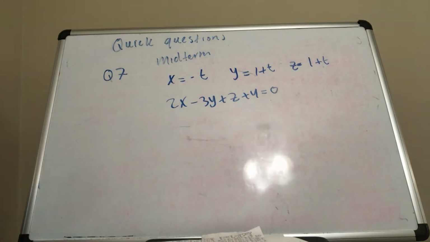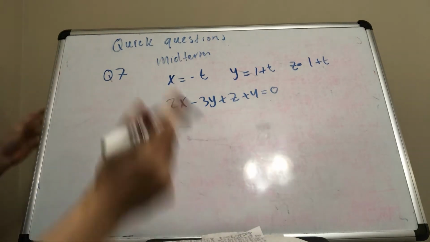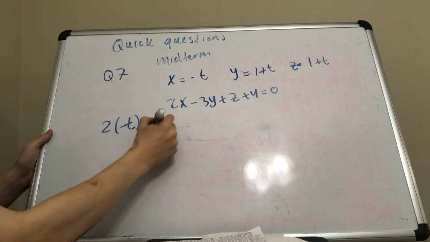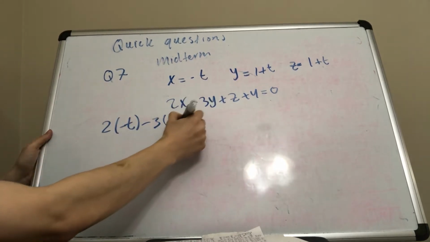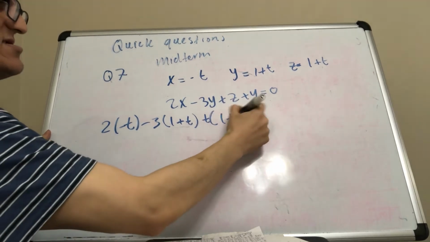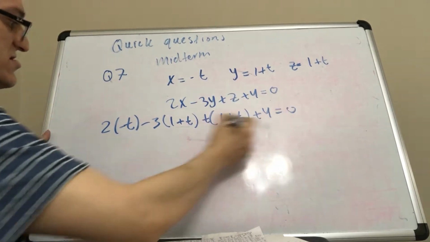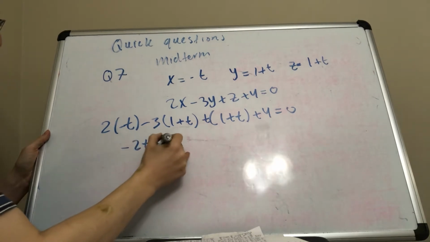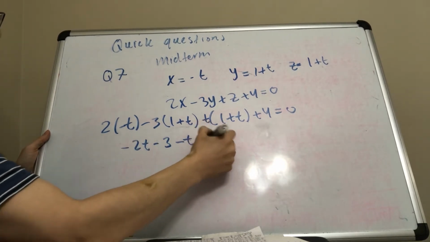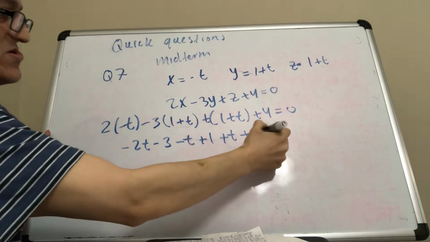Point of intersection, it's basically put them together. So instead of x, you go minus t. Instead of y, 1 plus t. Instead of z, 1 plus t, plus 4 equals 0. Negative 2t, negative 3, negative t, plus 1 plus t plus 4 equals 0.